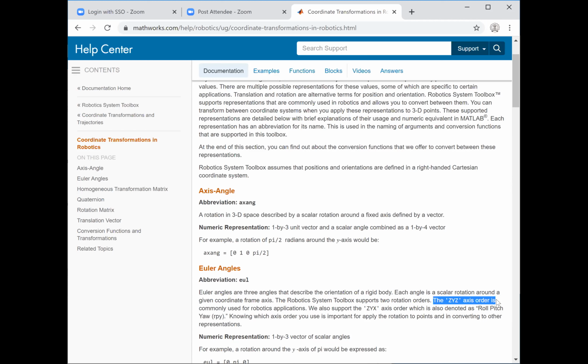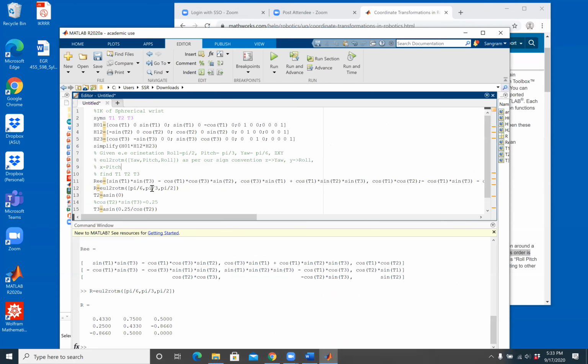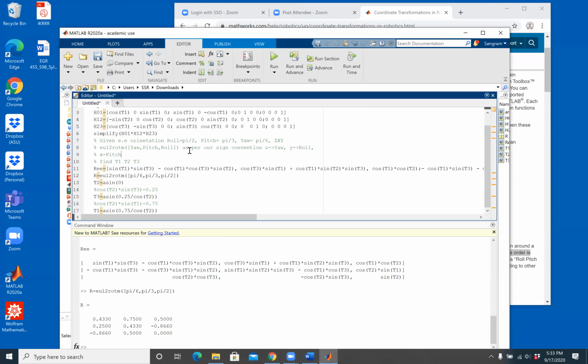It's not ZYZ. To be more specific, to force MATLAB to use the sign convention that we are using, I'm going to specify ZYX. So the way we are doing it is ZXY.